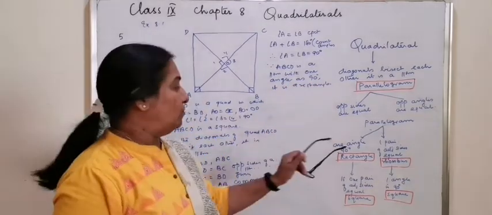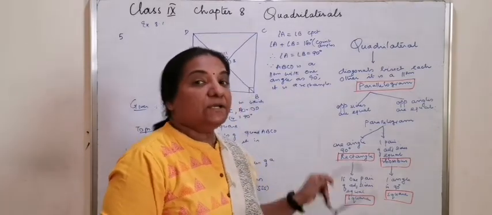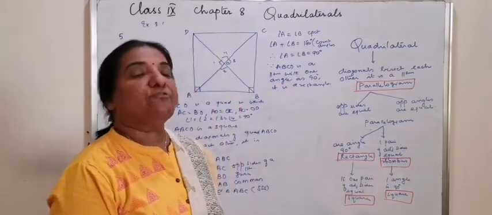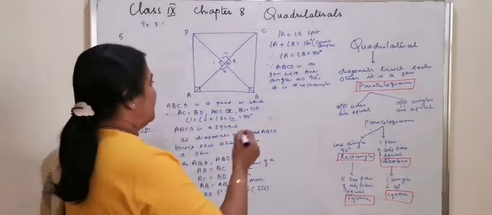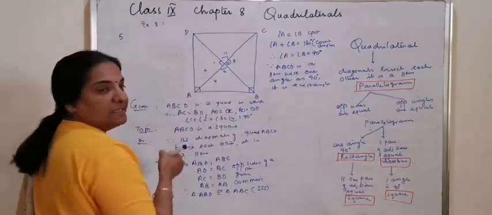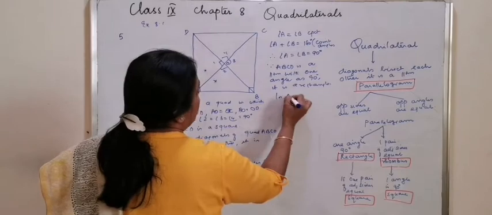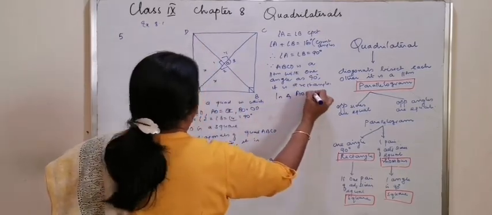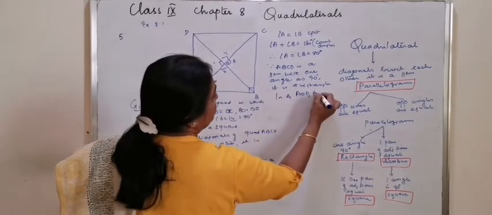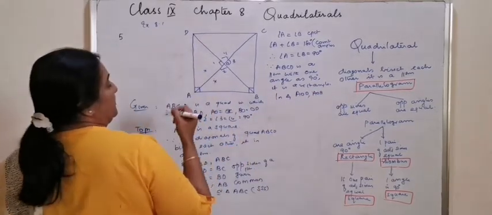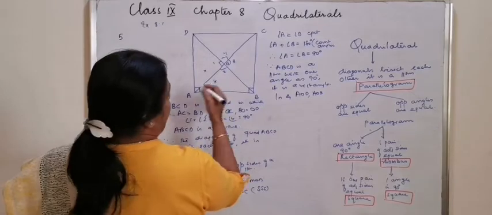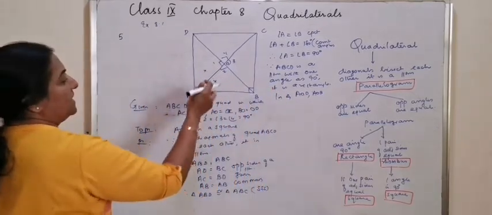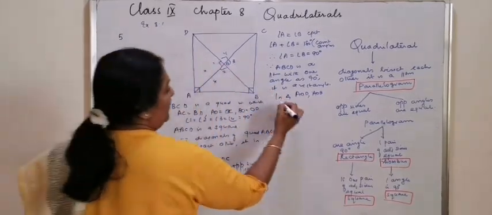Now, how do you prove a rectangle is a square? You have to prove that one pair of adjacent sides are equal. For that, take these two triangles together. In triangles AOD and AOB, OA is equal to OA, common.